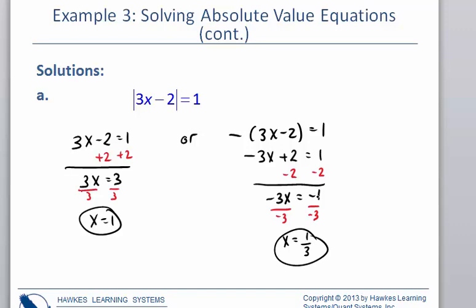Now, these do need to be checked, so we would want to take both of those solutions, plug them back into the original problem, and make sure that they work. In the interest of time, I'm going to show you one of those and tell you that they both actually do work. But you would want to check them both. If you want to check the positive 1, for example, you take the 1 and plug it into the original problem.